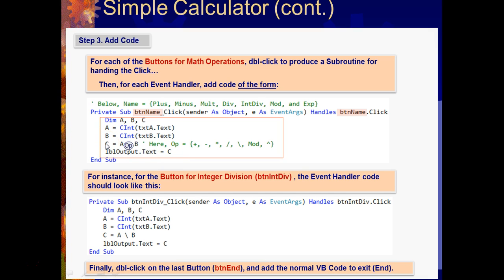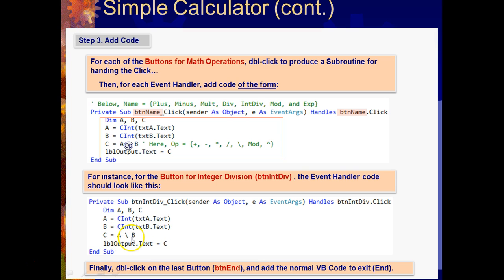So you're going to need to do this for each of the buttons. For instance, the button for integer division would be btnIntDivision. That would look like this here: Dim A, B, C, we're not declaring the types here, CInt(txtA.Text), and so on.